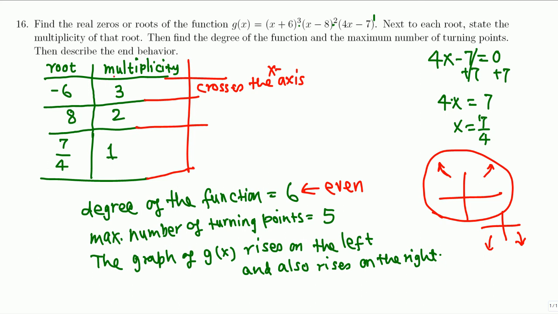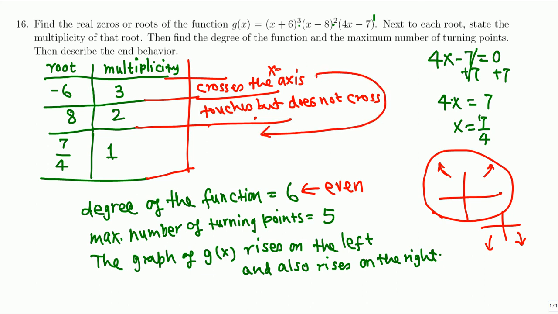At 8, the root is 8, the multiplicity is 2, even, which means it just touches the x-axis but does not cross. And multiplicity 1, odd, is like this, it crosses the x-axis.